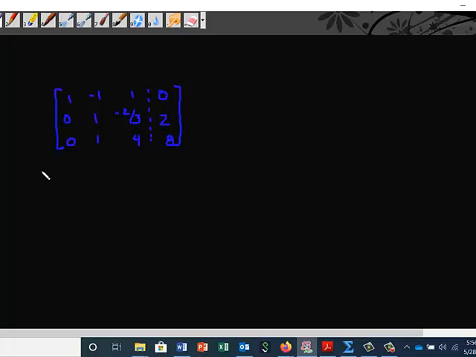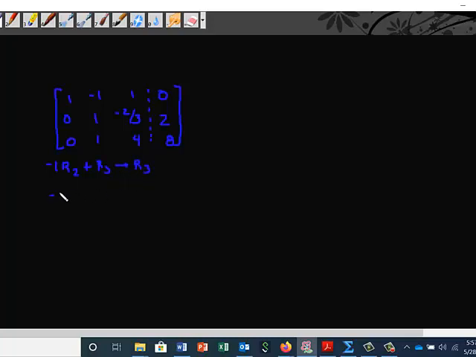So now what do we do next? We want to get a 0 here in this position. So we want to take negative 1 times row 2, add it to row 3, to get the new row 3.